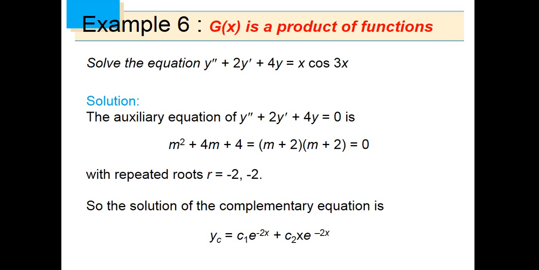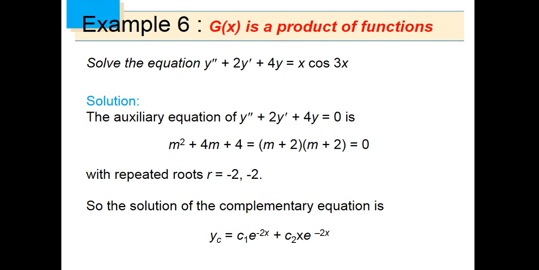and that would be this time a polynomial and a cosine function. So you will still need to write the auxiliary equation based on what's written here on the left side. So this would be your auxiliary equation, and it will yield repeated roots.